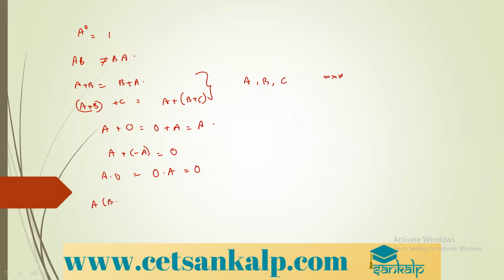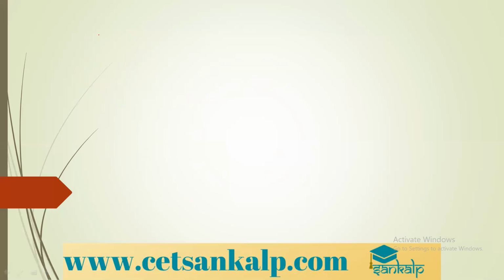Then A into B plus C can be written as AB plus AC. Then AB into C will be equal to A into BC. A constant into A plus B can be written as constant into A plus constant into B. If AB is 0, then it can be 0 even if A is not 0 and B is not 0.